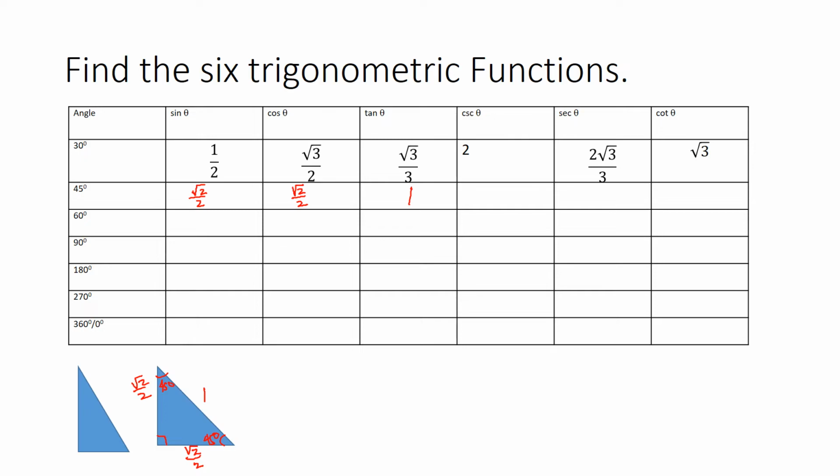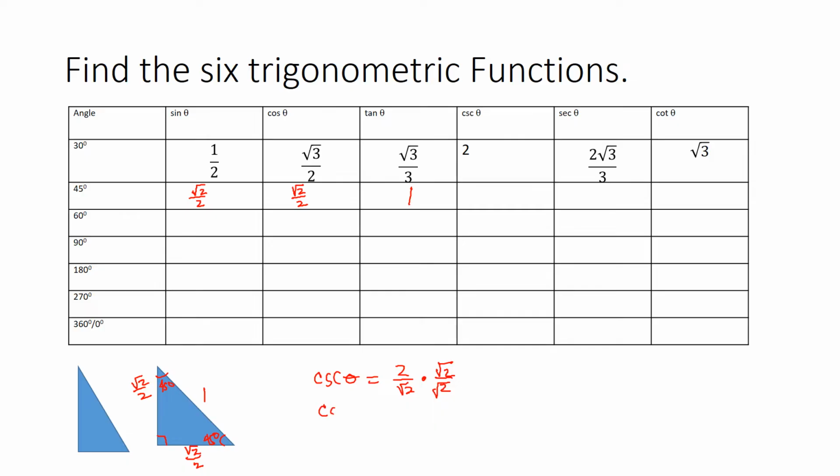Next, we have the cosecant at 45 degrees. That is the inverse of the sine 45 degrees, which means we are going to flip that up. So we have 2 over square root of 2, in which we rationalize that one again by multiplying that one with square root of 2 over square root of 2.